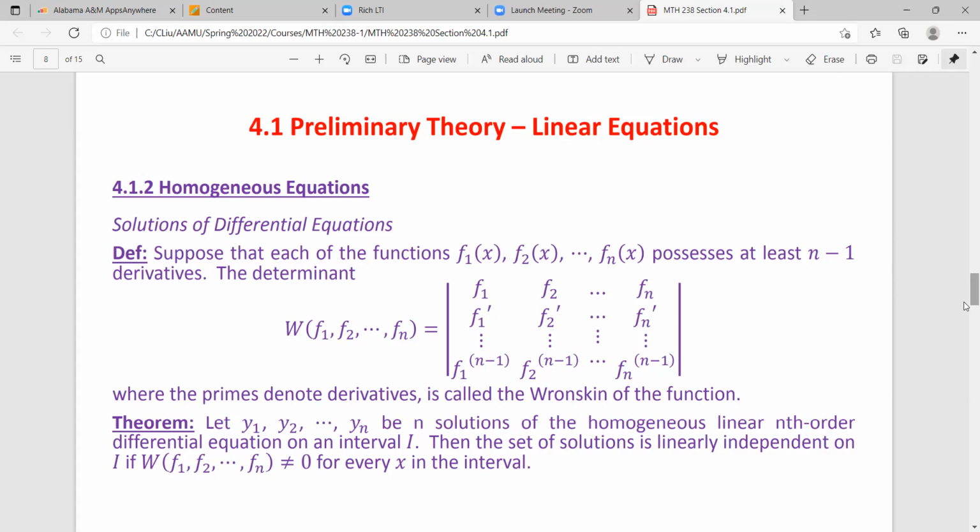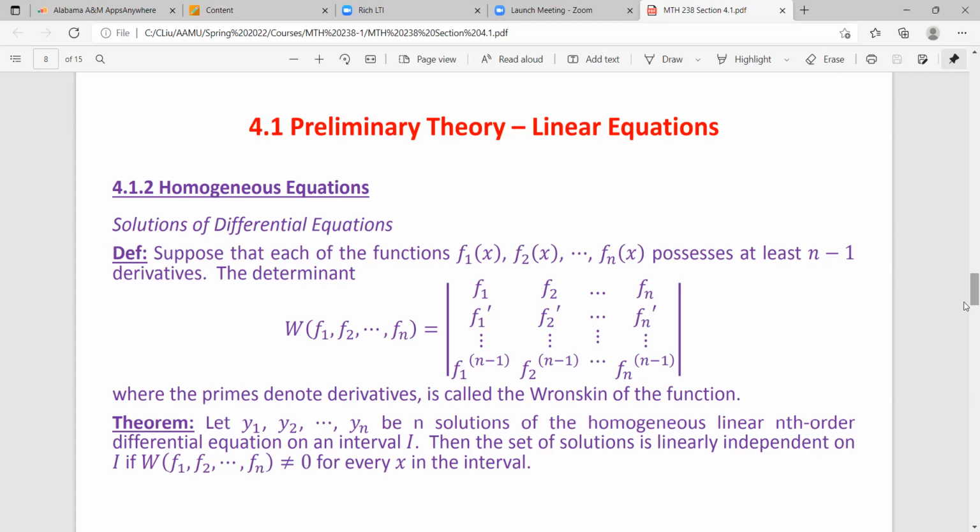If you have n functions, f1, f2, up to fn, how do you know those functions are linearly independent? We define the determinant of the functions and the derivatives up to n-1 order.